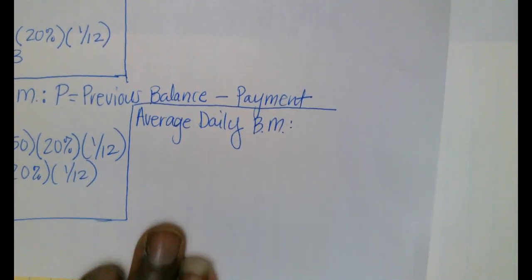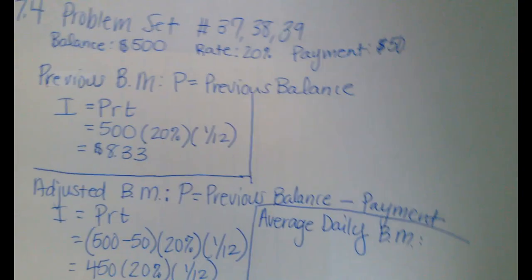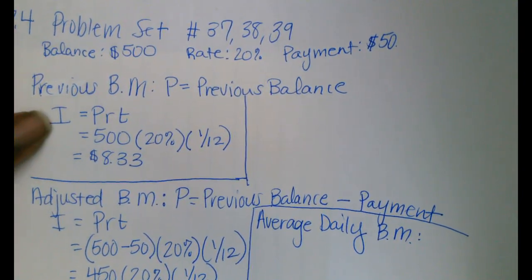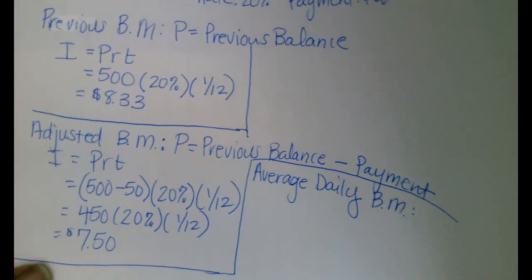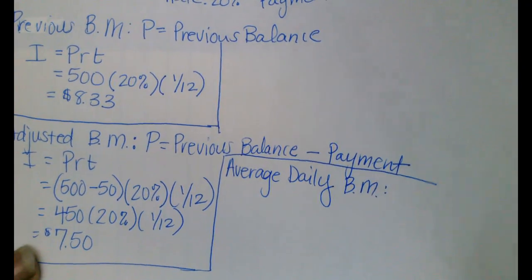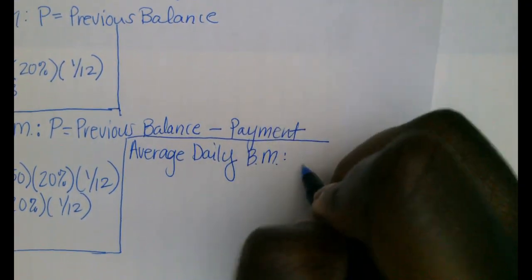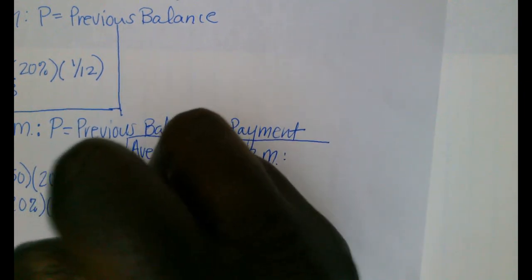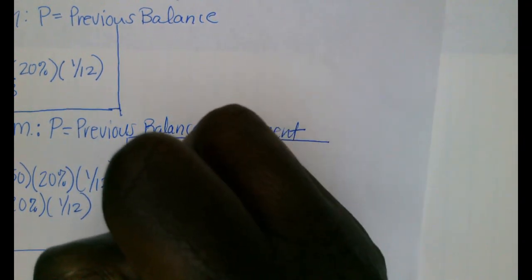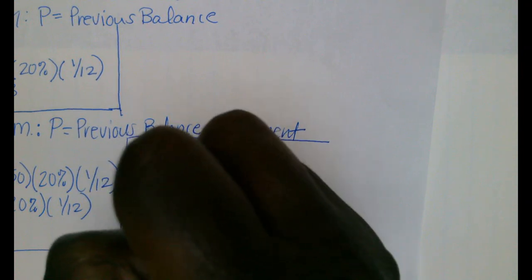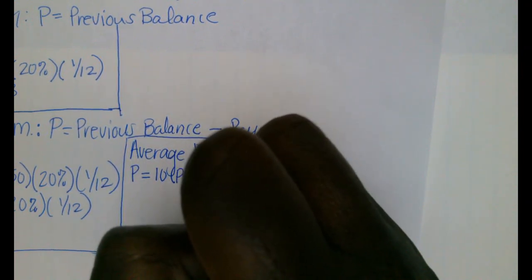Now, this one is a combination of the last two. It's a combination of this and this. So your P for 10 days is going to be your previous balance.